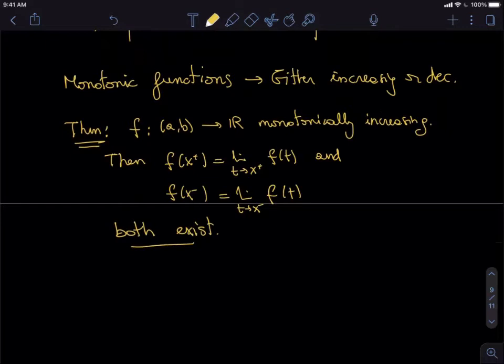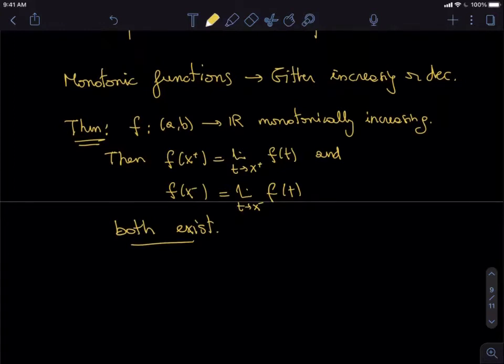Remember, this is not something that is obvious. For some functions, these limits may or may not exist. When I say both exist, what I mean is both exist for every x in the domain.